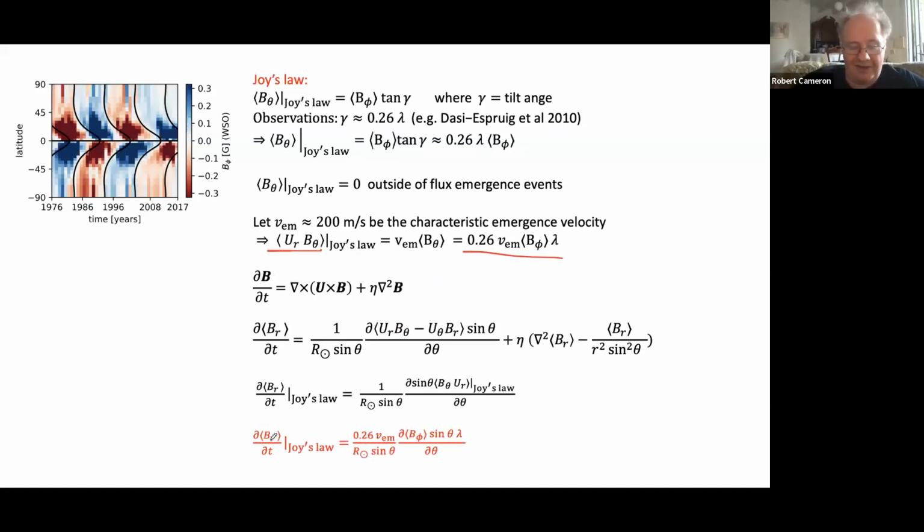We end up with the change in the radial magnetic field at the solar surface due to Joy's law is equal to 0.26 times the emergence velocity, 200 meters per second, divided by geometric factors. And then critically, this is a B phi. So we've converted B theta here into a B phi using Joy's law.